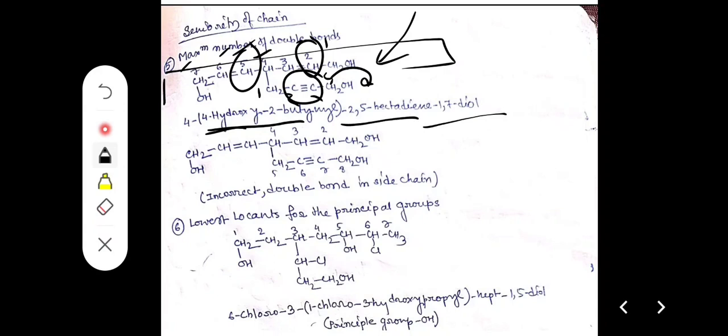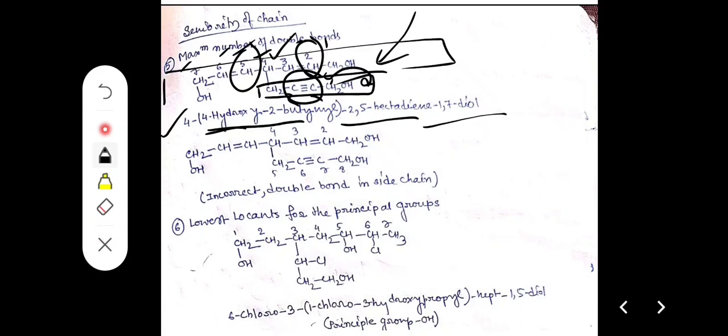So we can say 2,5-heptadiene, because 7 carbons are there. Heptadiene-1,7-diol. So the 4 position has the whole unit. Okay, at the 4 position, we can say 4-(4-hydroxy-2-butynyl) as a unit. Then bracket close. Then 2,5-heptadiene because the 2 and 5 positions have the double bond. Then 1,7-diol.